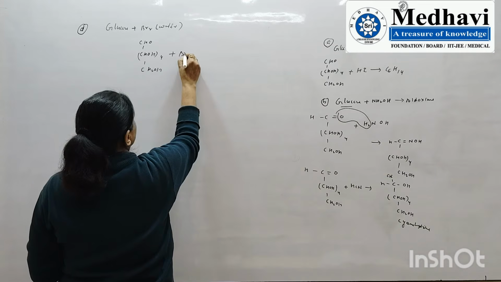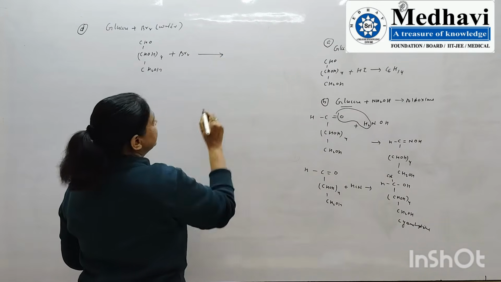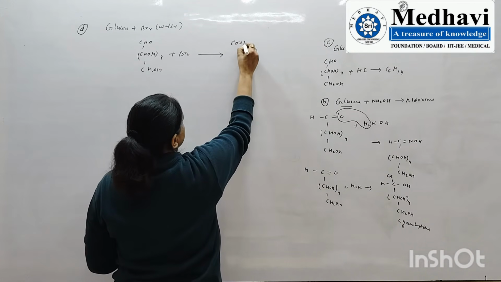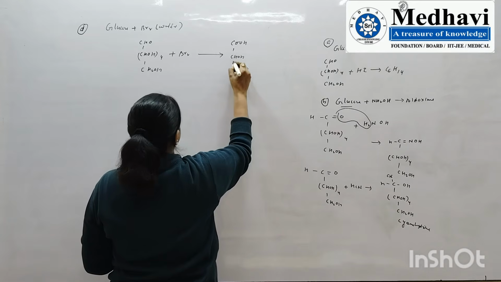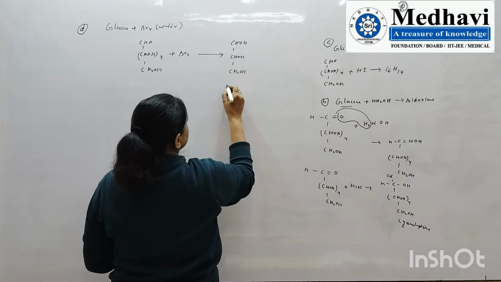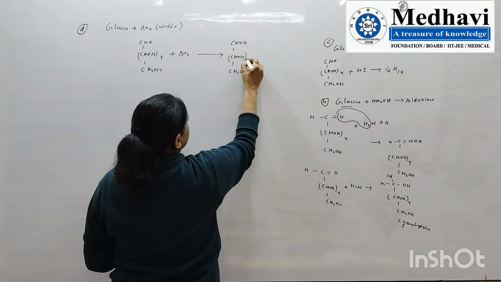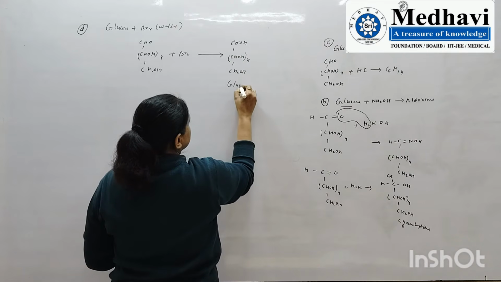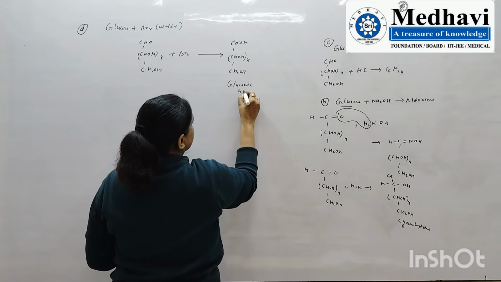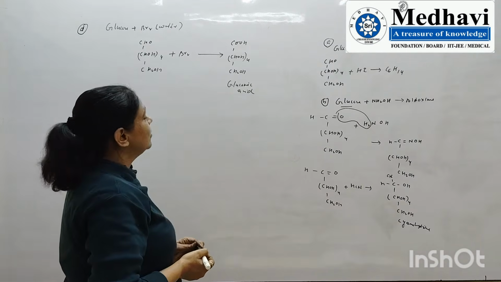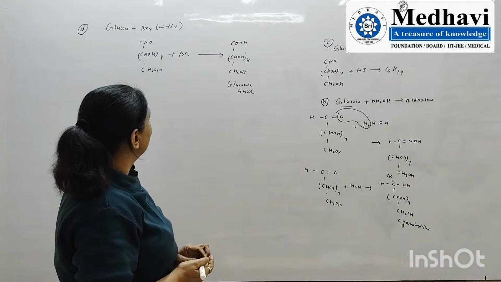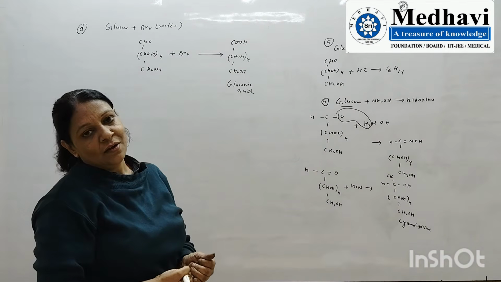It is reacted with bromine water. It gives here, this is called gluconic acid. Gluconic acid. So this reaction also confirms that a carbonyl group is present in the glucose.